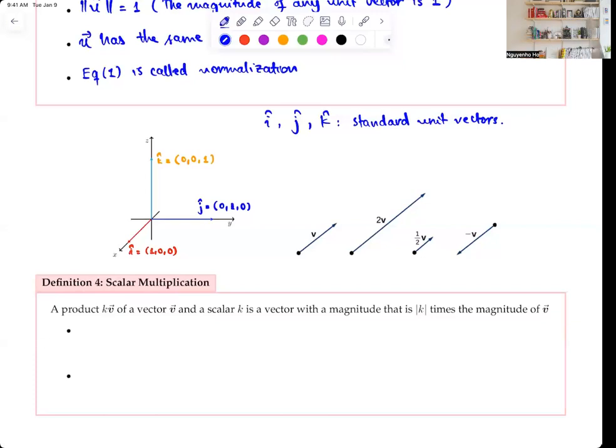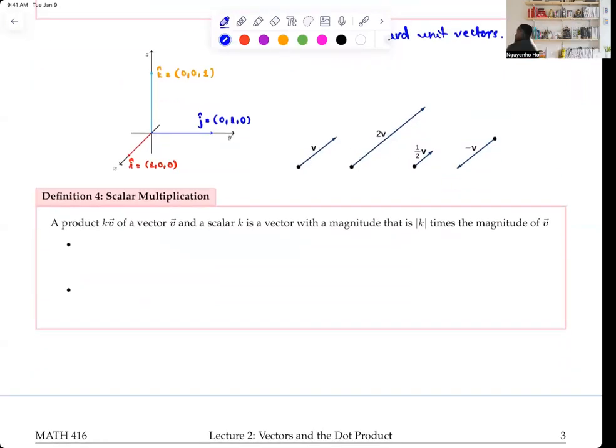Okay, so now you're given a vector, and you can manipulate that vector with a scalar. You can extend the vector or compress the vector, and then change the direction of the vector using the scalar. So that's what we're going to do in these definitions.